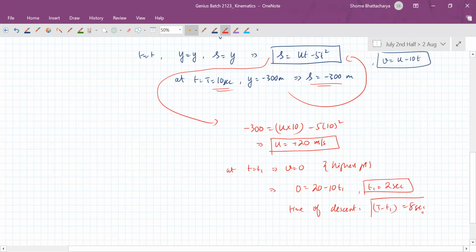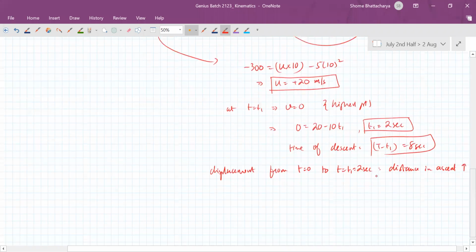So that's done. Okay. Now also you can see that displacement from t equal to 0 to t equal to t1 or 2 seconds, that is distance in ascent. So several ways of doing this.